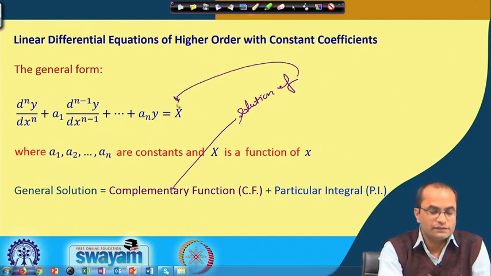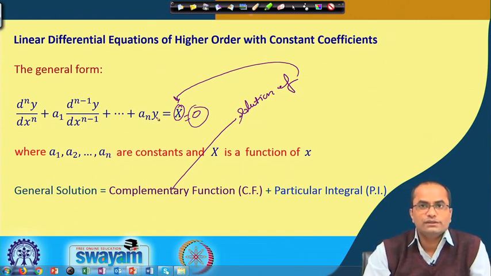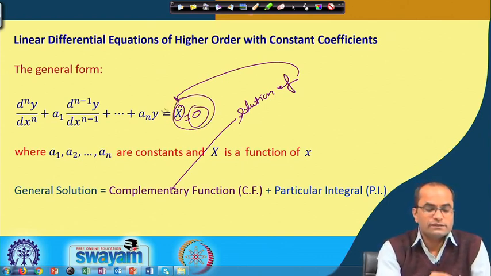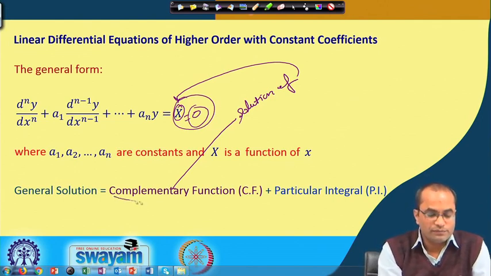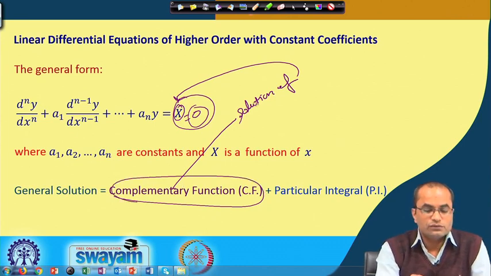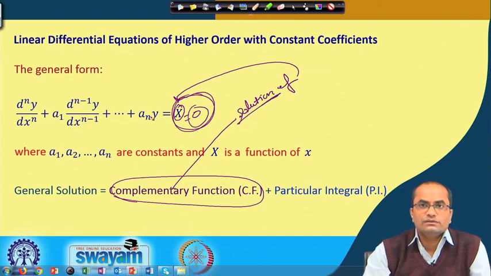Homogeneous means we set x to 0. By setting the right hand side equal to 0, we call such an equation a homogeneous equation, and the complementary function is the solution of the corresponding homogeneous equation when we set the right hand side equal to 0.